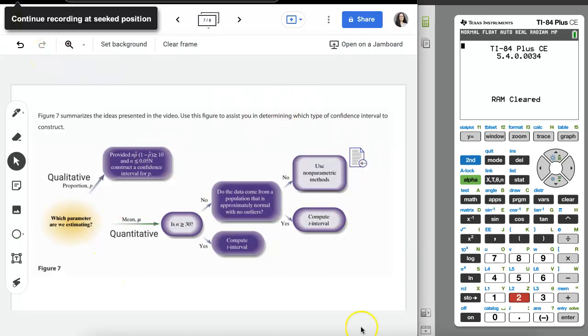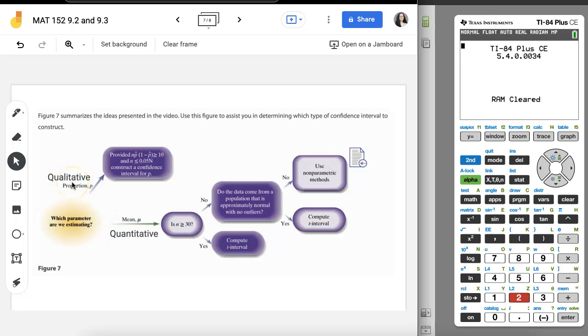So this particular screenshot comes from section 9.3, where we were trying to summarize all the ideas from the chapter, and it helps you decide which type of confidence interval to construct. I only added in these words qualitative and quantitative because I believe in the video he did a better job of separating those as such.